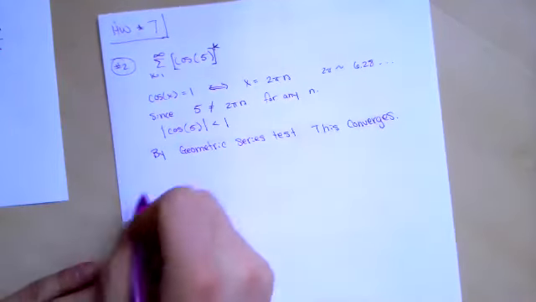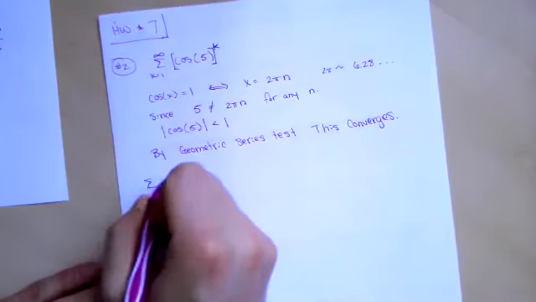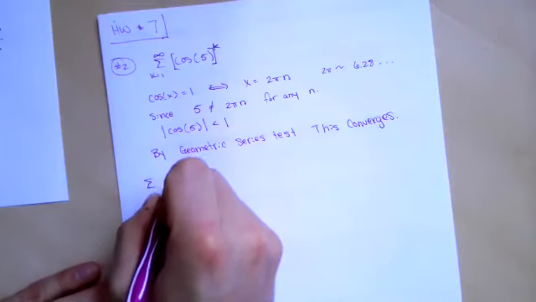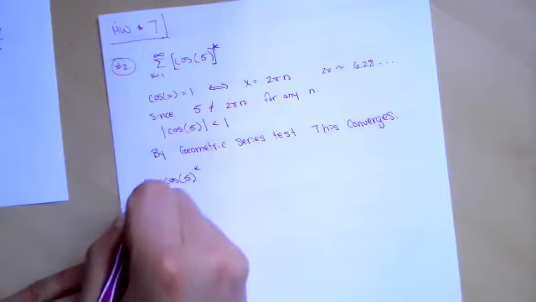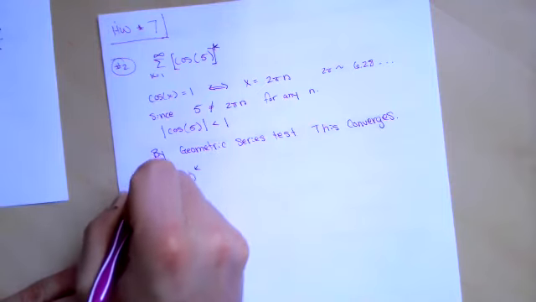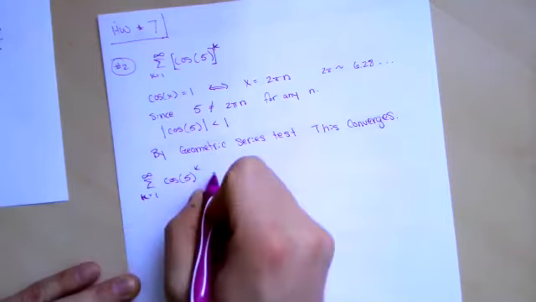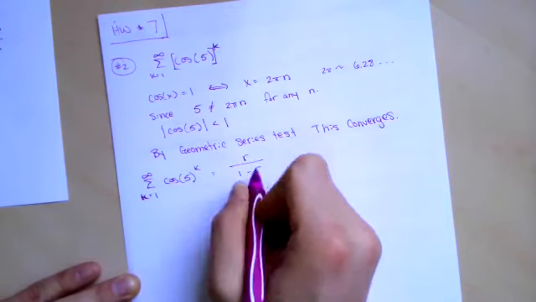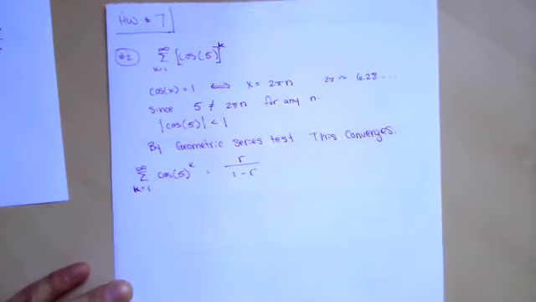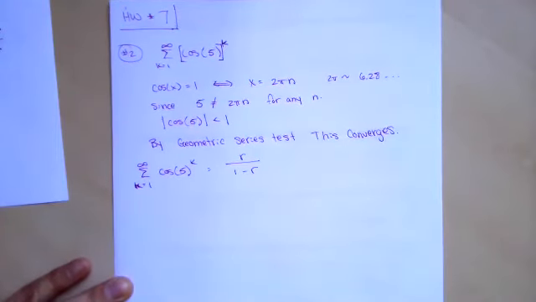If we need to find the value, k equals 1 to infinity. So we're starting at 1, which means we're going to use the r over 1 minus r formula.